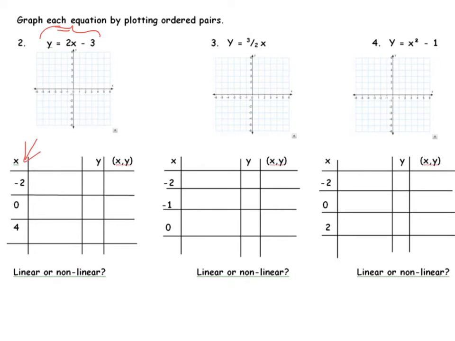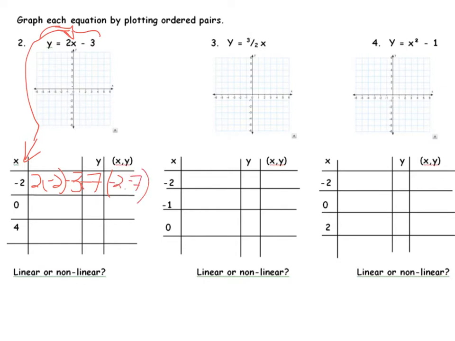So if we plug in these values into x, we get 2 times negative 2 minus 3. 2 times negative 2 is negative 4, minus 3 is negative 7. So x, y is going to be negative 2, negative 7.